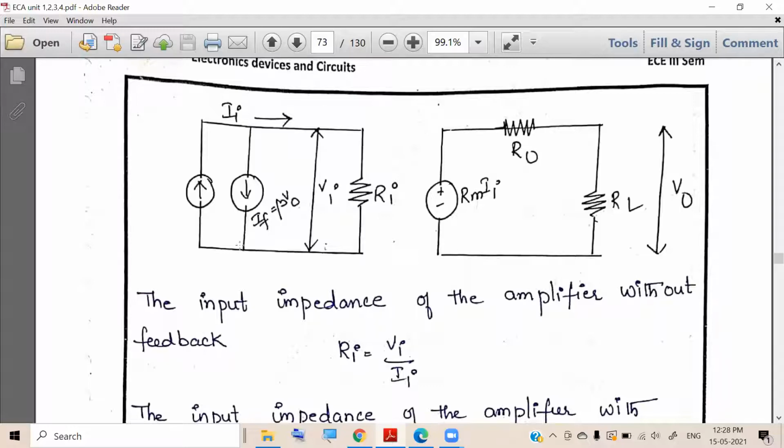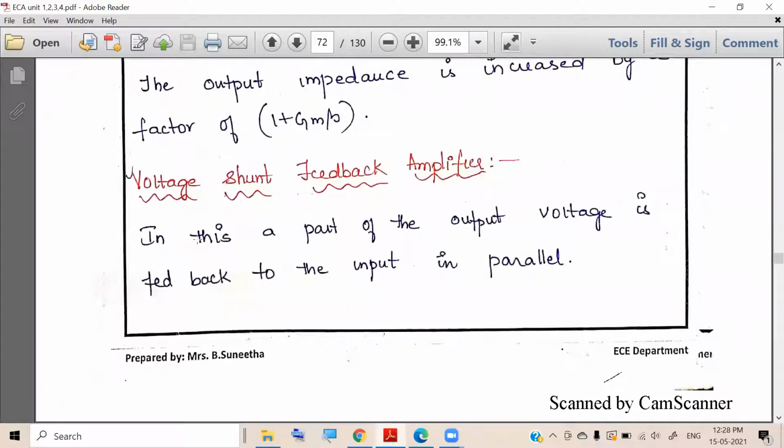See, this part is clear. From the title itself, we can understand that output is voltage. Then shunt mixing: whenever we have shunt, the feedback signal is current. Feedback signal is current, and input also we are representing in terms of current.